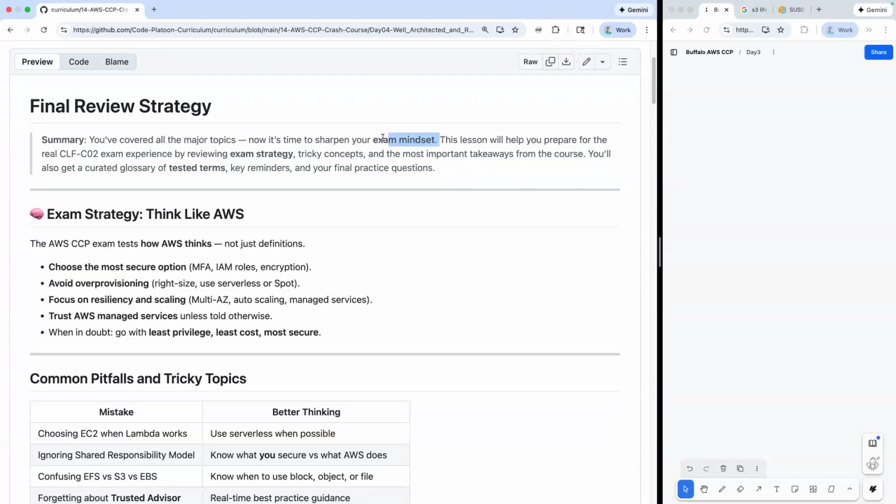So this is about exam mindset. We're going to talk about exam strategy, a couple tricky things, and some main takeaways. There's also a glossary at the bottom of this that I'll point you to. The final practice questions, I think we'll save, and during stand-up one day we'll move through them.